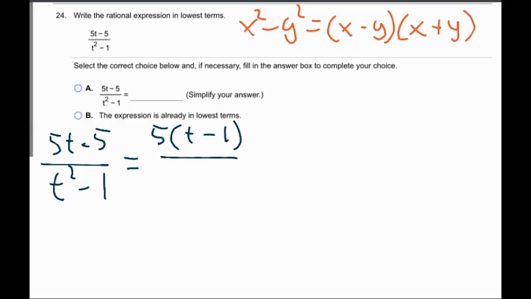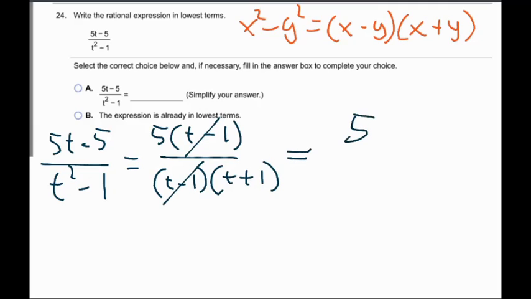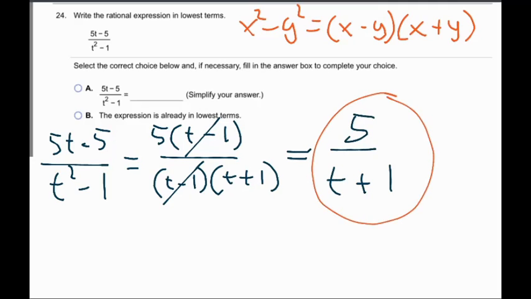So we can rewrite that denominator as t minus 1 times t plus 1. Notice that t minus 1 cancels out. So we're left with 5 over t plus 1. And that is now in lowest terms.